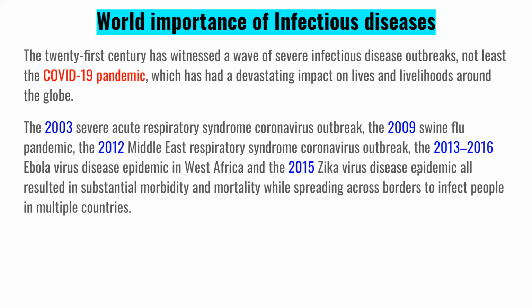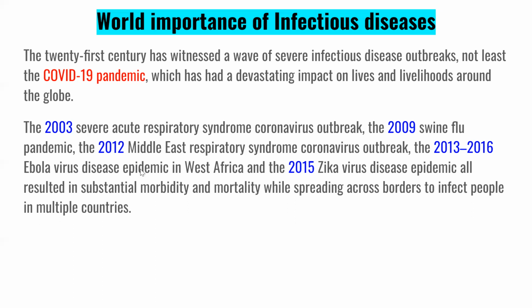These are all different strains of coronavirus that had created a lot of terror and severe health deficit in many countries before 2020. Then between 2013 to 2016, West Africa was completely shaken by the Ebola virus. That was an epidemic.